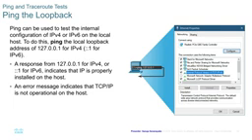An error message, however, indicates that the TCP/IP stack is not operational on the host. So that means it's basically pinging itself to see if TCP/IP is properly configured on that device. And if it is not properly configured, the loopback ping will fail. This is true for both IPv6 and IPv4.